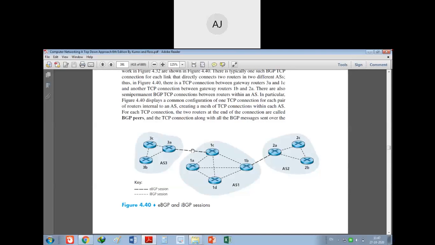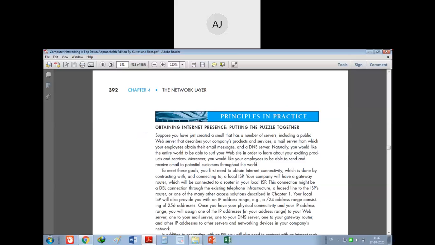So we have to find 3A and broadcast to its neighbors. 3A is connected with other routers: 3B and 3C. All this information will be kept in 3A, and it will be flooded, or sent, to all the neighboring nodes. So 1C can say yes, I can communicate with 3B via 3A.